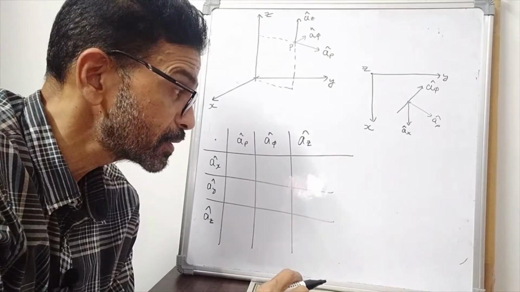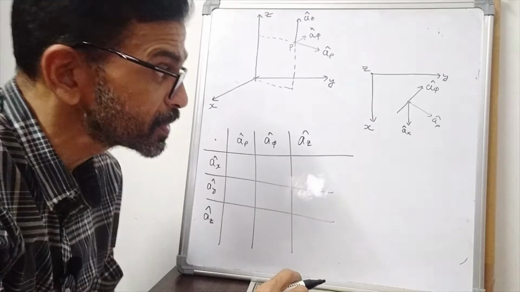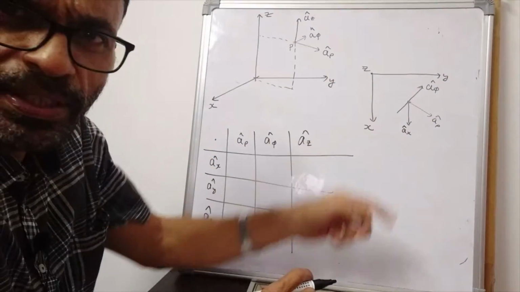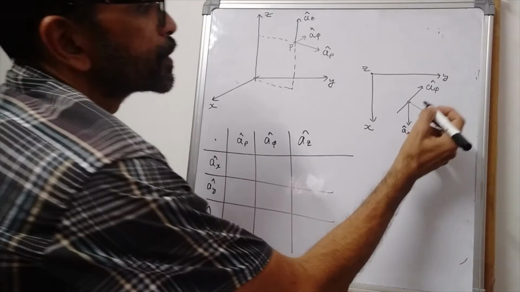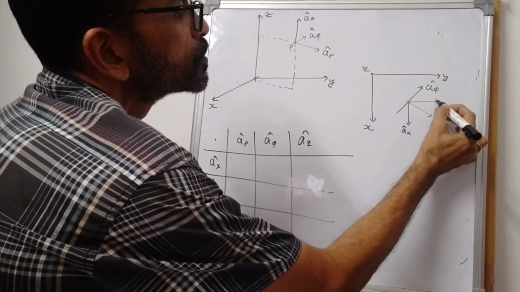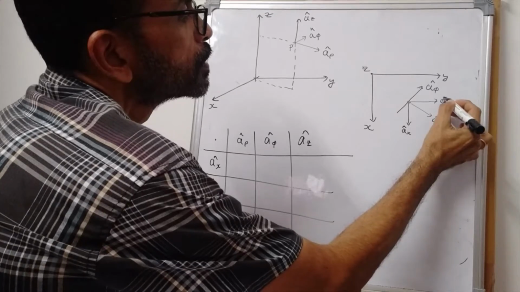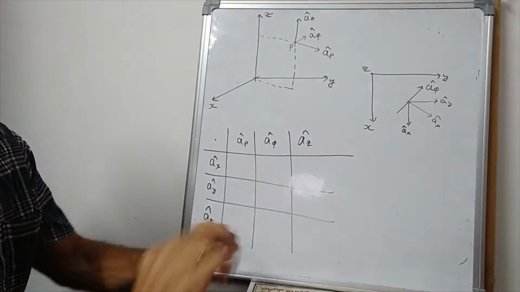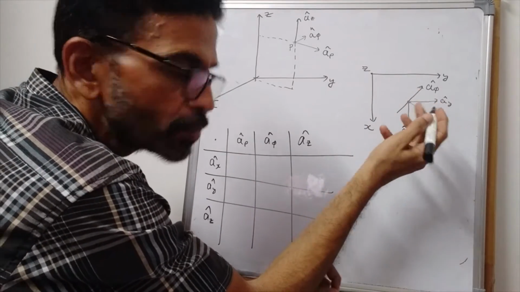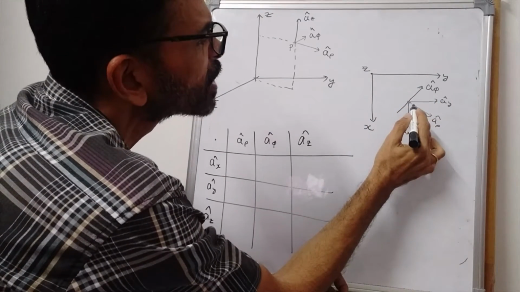When I show ax cap, I can position it anywhere on the xy plane. I need not necessarily have it aligned with the x-axis. And ay cap would be this.